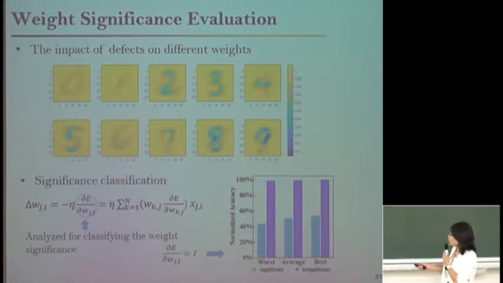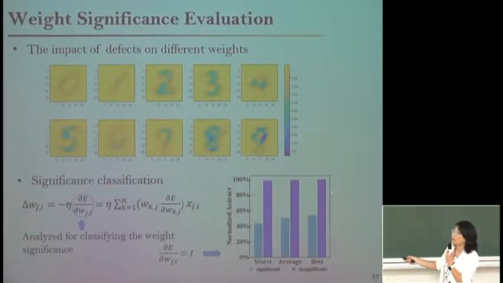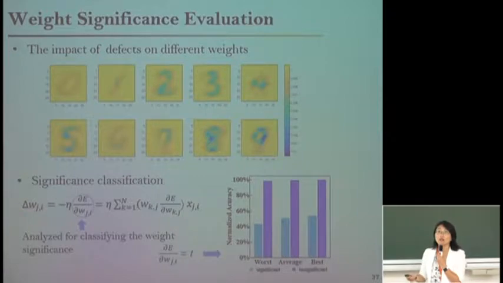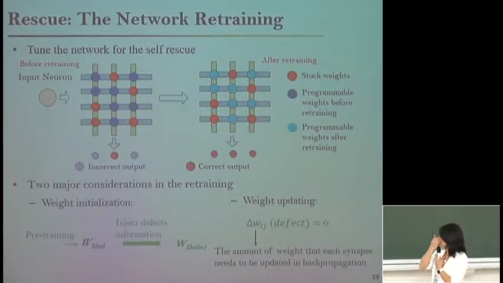If we do the similar analysis for insignificant weights, even if we disturb them quite a bit, you can see overall system accuracy doesn't change much. But the significant weights have less tolerance for defects. So this is the situation.